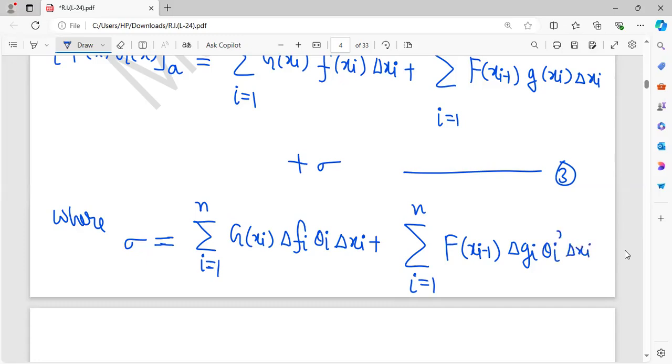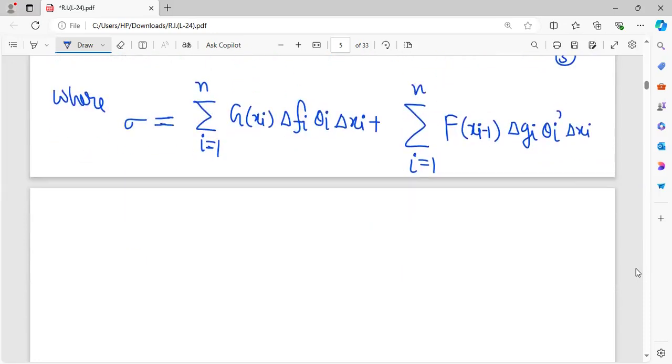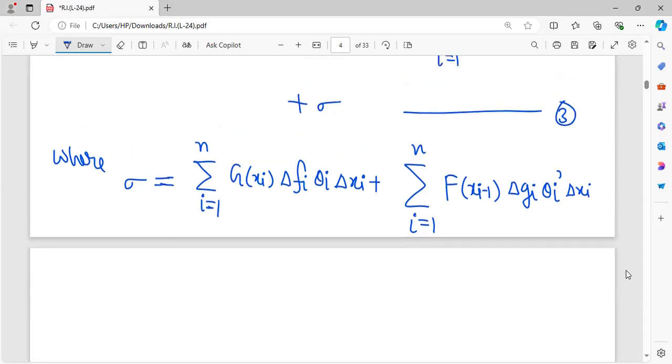Now, this sigma can also be written, so let's say this sigma is equation number 4.